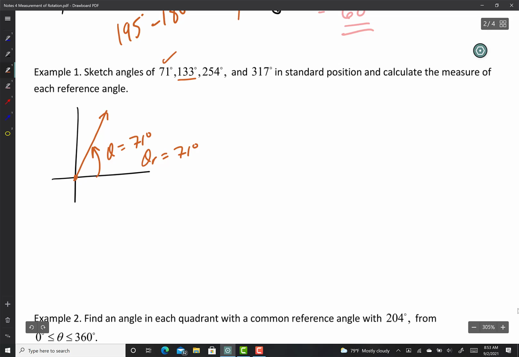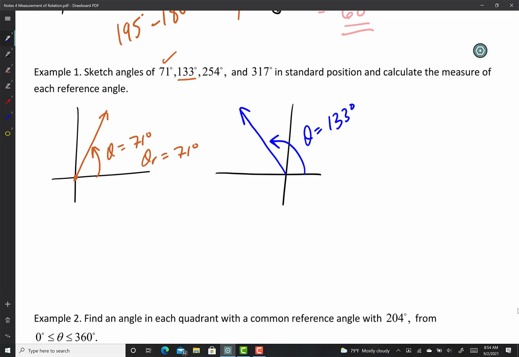Let's do 133. So I'm going to do a grid. I'm going to exaggerate quadrant 2. You can put all 4 quadrants if you want, but I just want to focus on quadrant 2. Then I'm going to draw 133. It doesn't have to be perfect. 133 is right there. I want to see what the reference angle is.